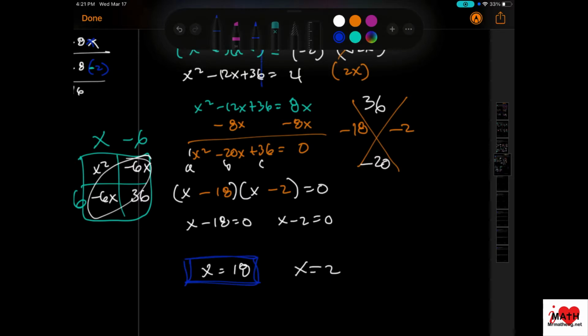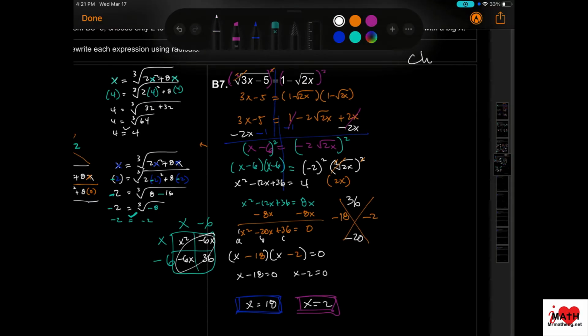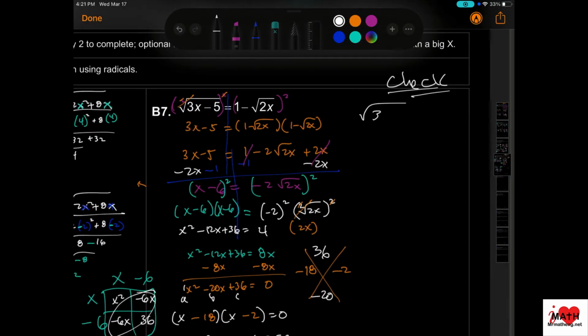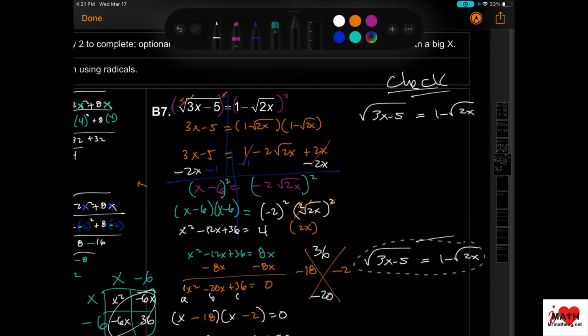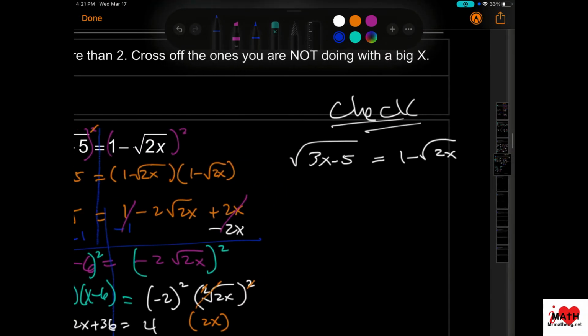This is blue, and this is pink. Okay, let's go ahead now and test each one of these. Let's check our answer. I'm going to write this once and then I'll just copy and paste. So we said that we would do 18.